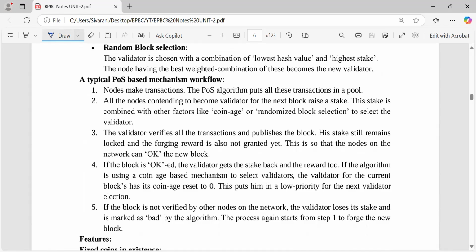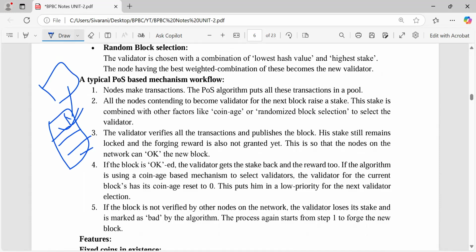So first, suppose there is one node, and it makes a transaction. It is put into a pool, and then come the validators. The validators raise a stake, and we use coin age or randomized block selection.